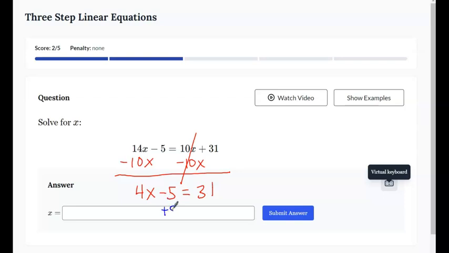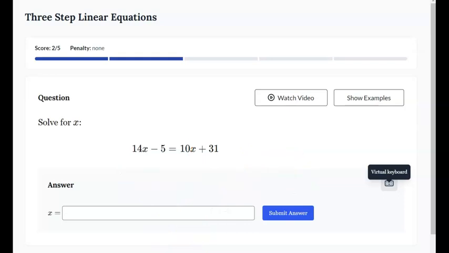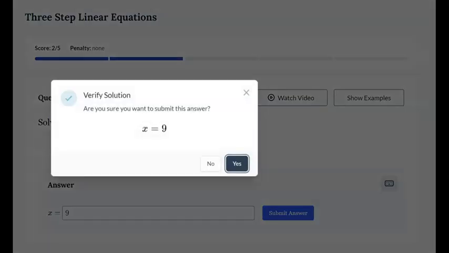Clear the constant by adding 5 to both sides. Clear the coefficient by dividing by that number, and you get your final answer. Let's type it here and try another one.